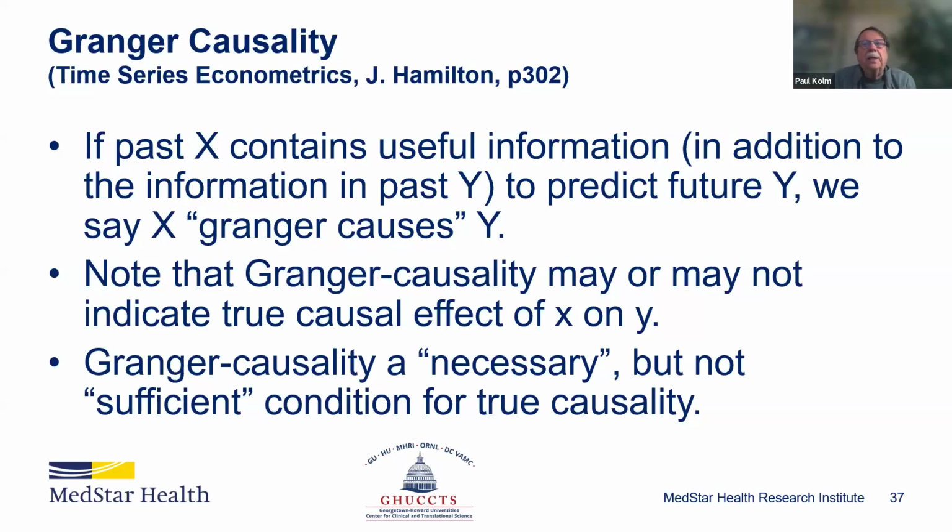Granger causality is, as we say in mathematics, a necessary but not sufficient condition for true causality.